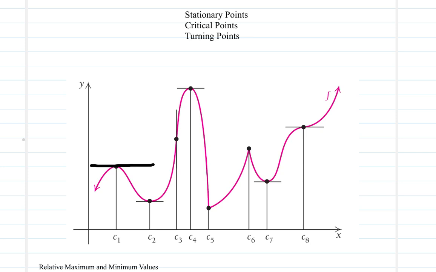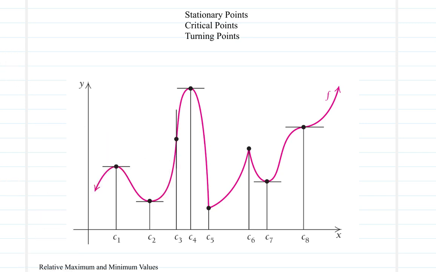You have it here at C2, C4, C7, C8, because the gradients at those points are 0. You remember that? The gradient at that point is 0.